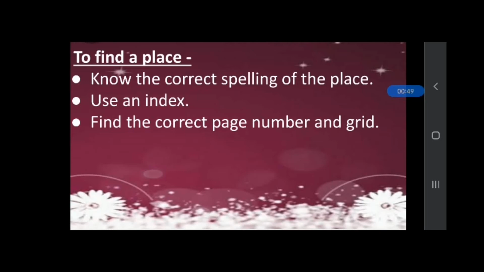After this, you can look at a map in the atlas to find a place. And what we can also do, we can use the index of an atlas. For example, if the index tells us that the school is located on page 20 in square 3A, we will open page 20 and look for the school in grid 3A.